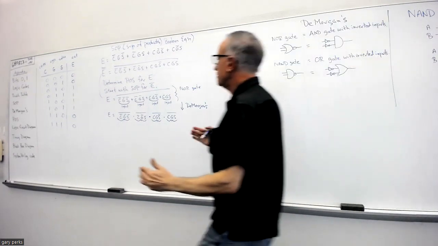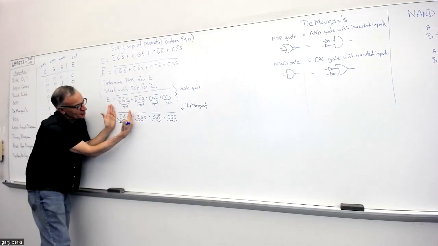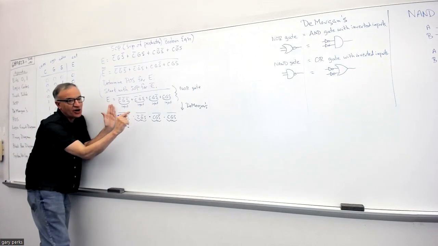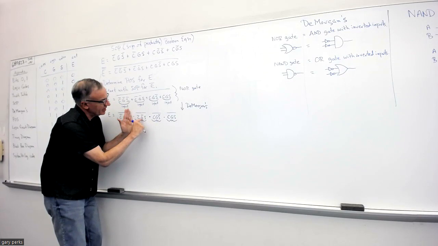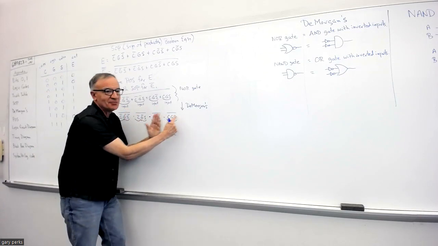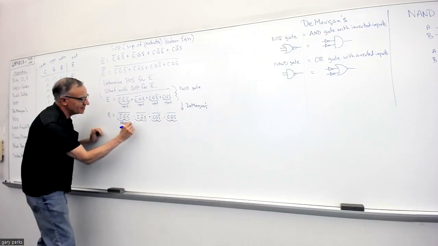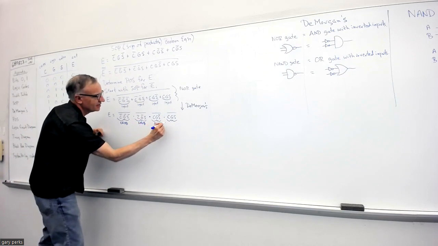So if you just look at this term here, input not C is ANDed with input not G, which is ANDed with input not S, and then they're all inverted, right? Same thing here. This input ANDed with this input, ANDed with that input, and the whole thing inverted. Same thing here, same thing here. So you see how each term is a NAND gate? This is a NAND, this is a NAND, this is a NAND, this is a NAND.